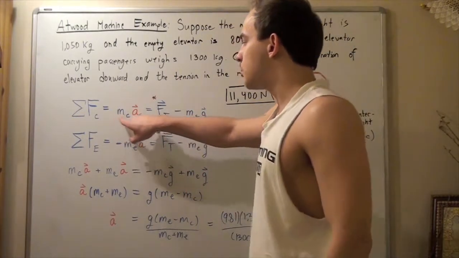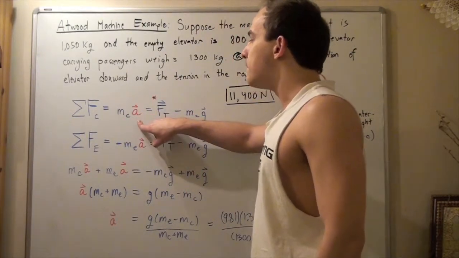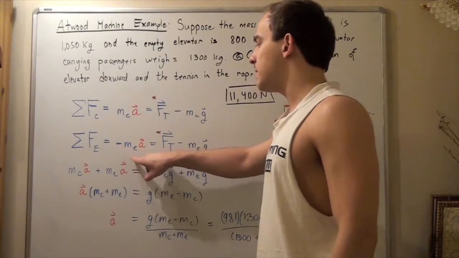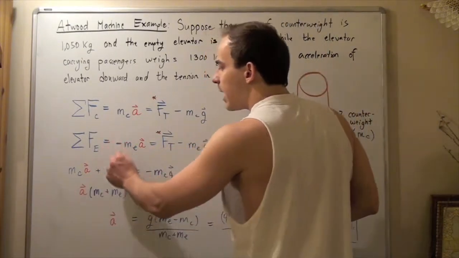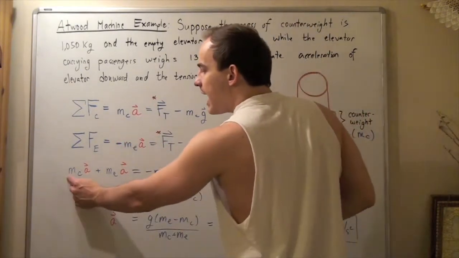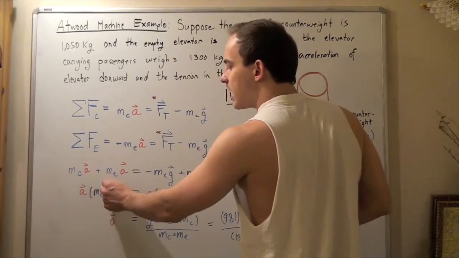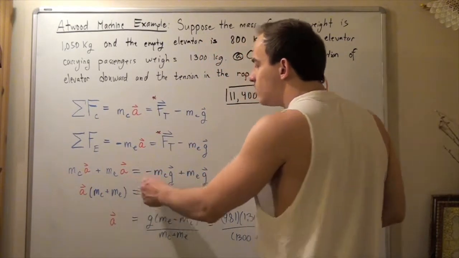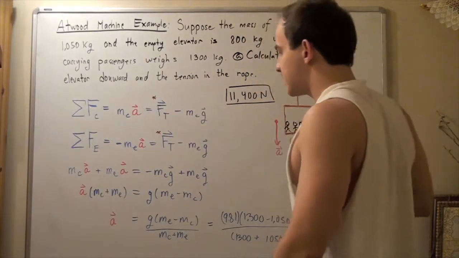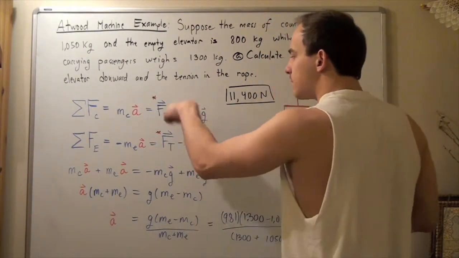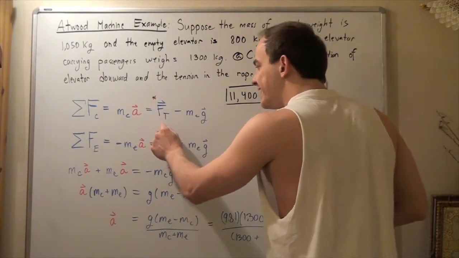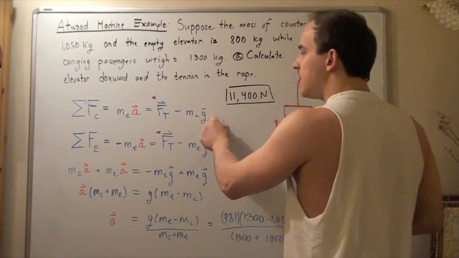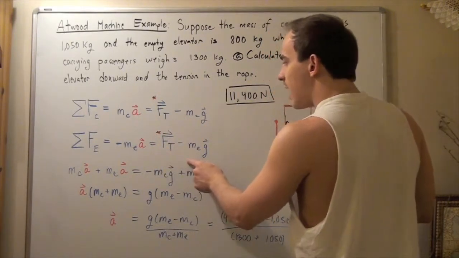Let's take this one and subtract it from this one. So m subscript C times a minus m subscript E times a: the minus becomes positive, and we get m subscript C times a plus m subscript E times a equals. Now let's subtract these. So F_T minus m_C times g, minus this whole thing.